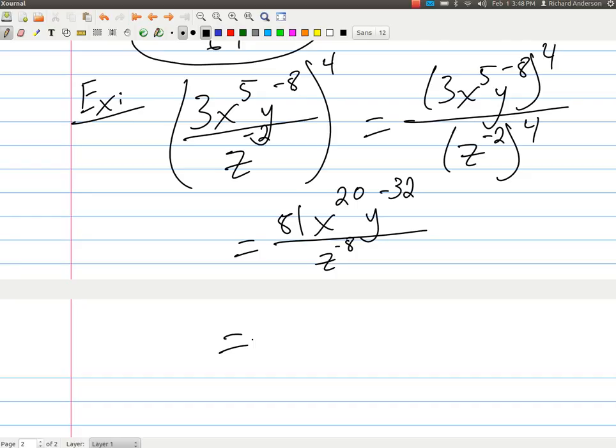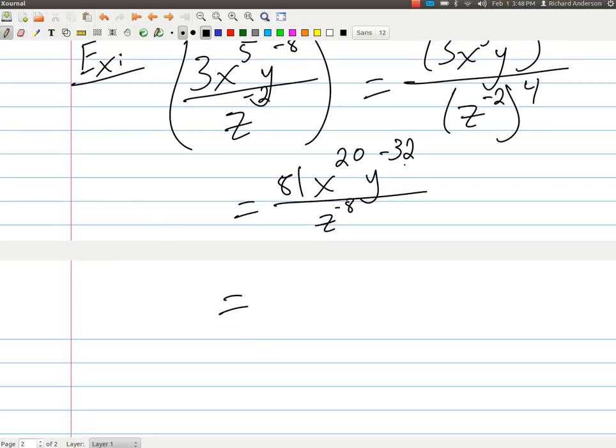One last thing we need to do on this problem, just to satisfy Course Compass, if we see those directions to write your answer without negative exponents, we're going to basically move the factors with negative exponents to either the top or bottom, whichever one they're not already on. So for example here, the y to the negative 32 is going to get moved to the bottom, x to the 20th will stay where it is, and the z to the negative 8 will get moved to the top, where its exponent will become positive.